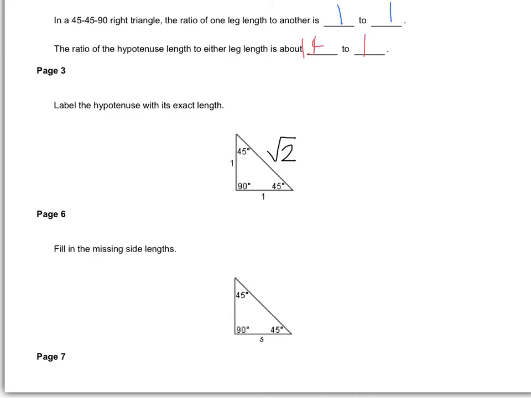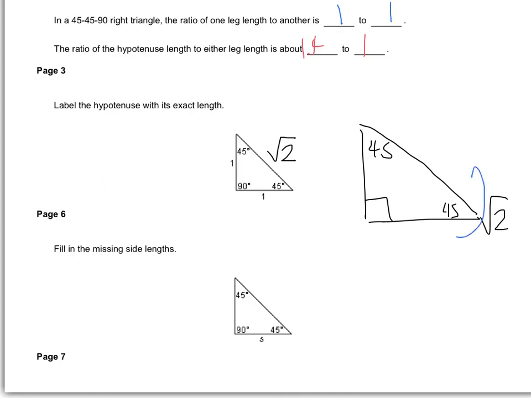Here's our rule. In a 45, 45, 90 triangle, I have a magic number. My magic number is square root of 2. If I'm going from a leg to the hypotenuse, if I'm going up to a big side, I'm going to multiply by the square root of 2. If I'm going from the hypotenuse down to the leg, I'm going to divide by the square root of 2.